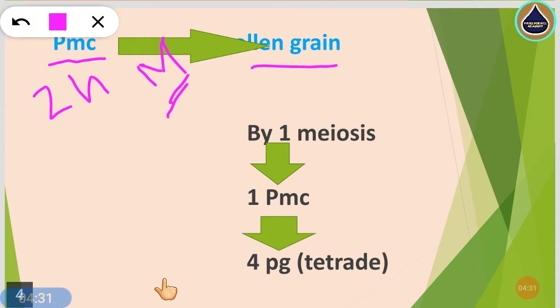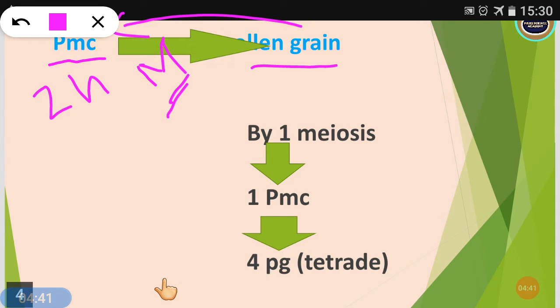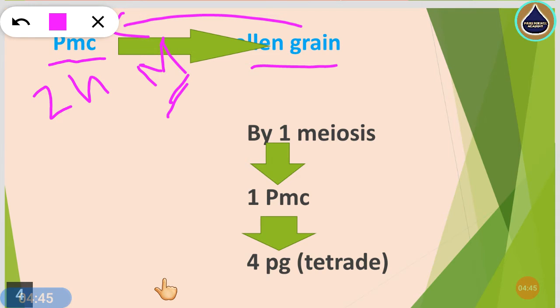So simply, I hope you are understanding what a pollen grain is, and male gametes are formed in the pollen grain. These pollen grains are formed by the pollen mother cell, and this pollen mother cell, by the process of meiosis, which is a reduction cell division, forms the pollen grains.